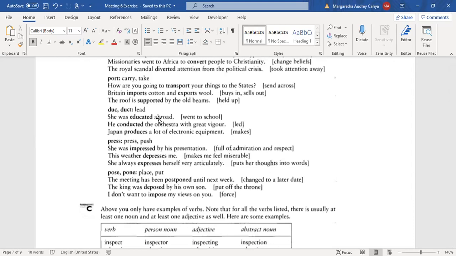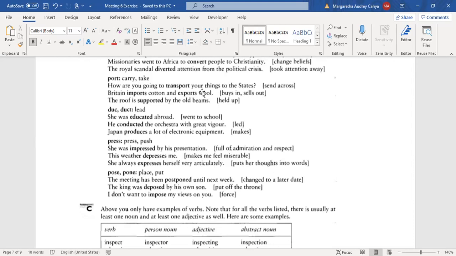Things from abroad comes to our like country for business transactions, right? And export is also the same. We sell something to other country. And it's like carrying something aboard, right? Or taking something like back to our country, like import.